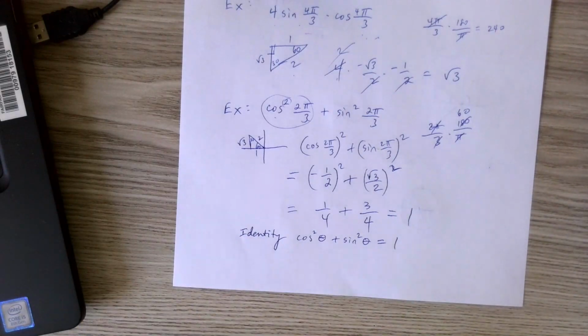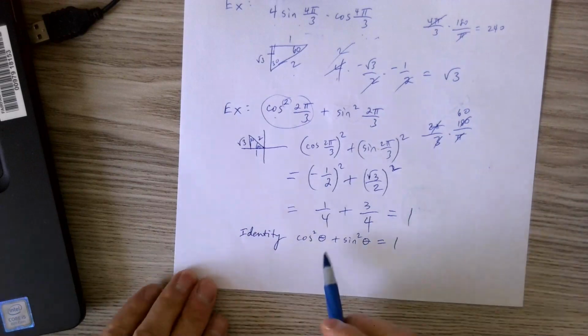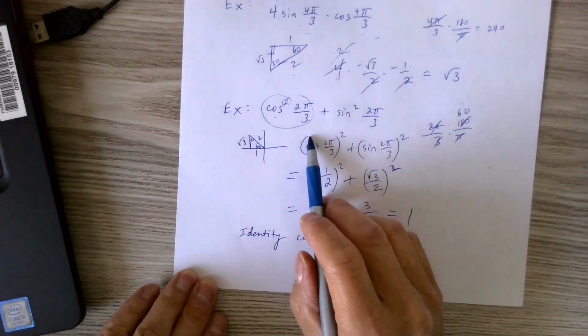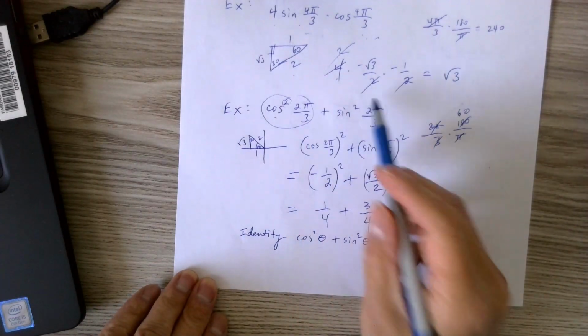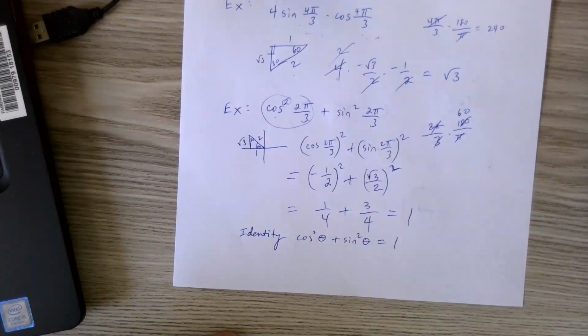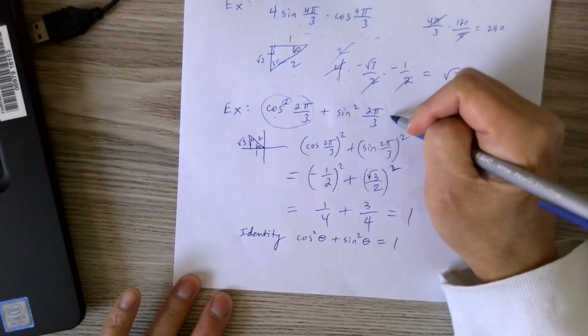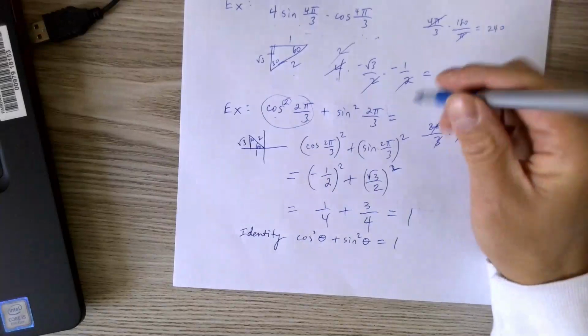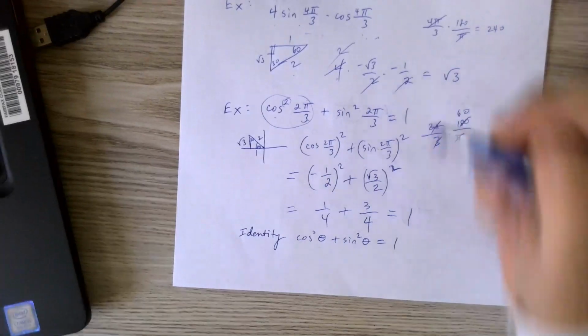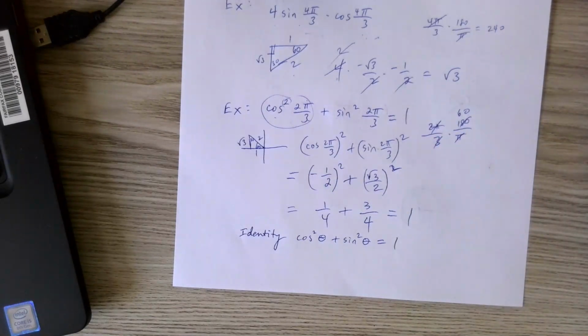Always. And that's what we have here. In our example here, theta is 2 pi over 3. So a seasoned trigonometric student would automatically say that's 1.